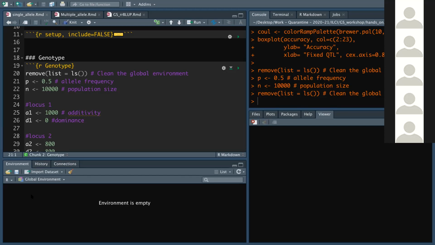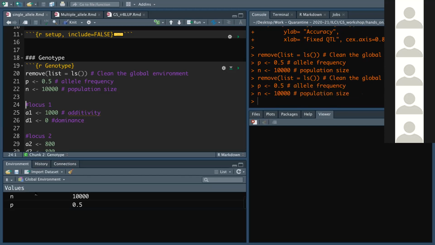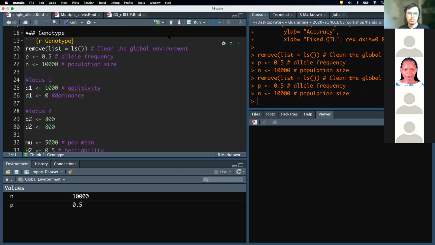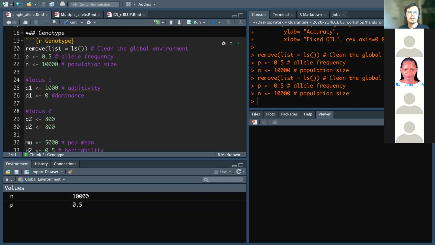Now, as I told you, I'm going to use this script to show you some concepts that we discussed in the videos. The first thing is the allele frequency. We're going to work with an allele frequency of 0.5 in this example.